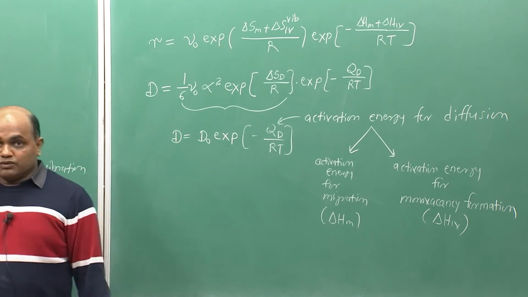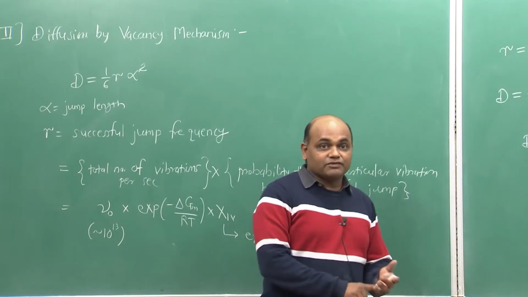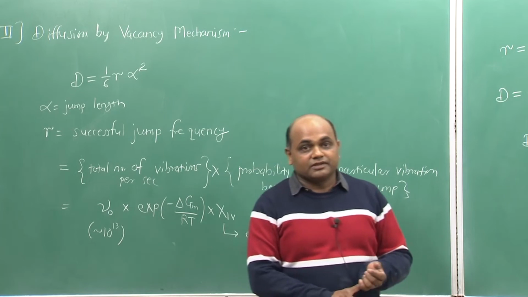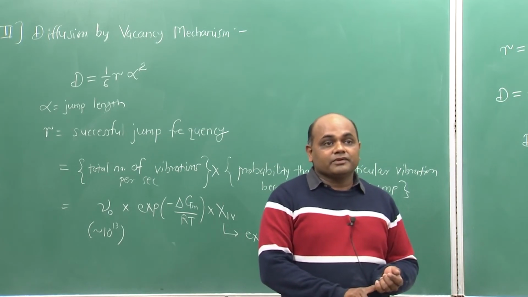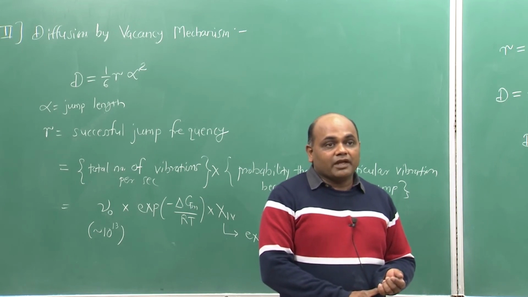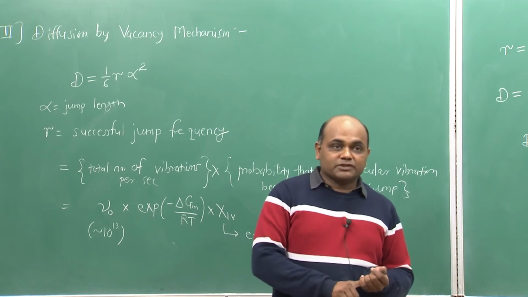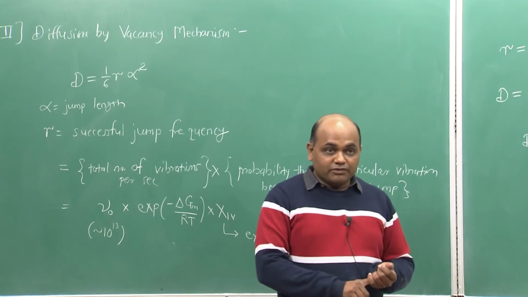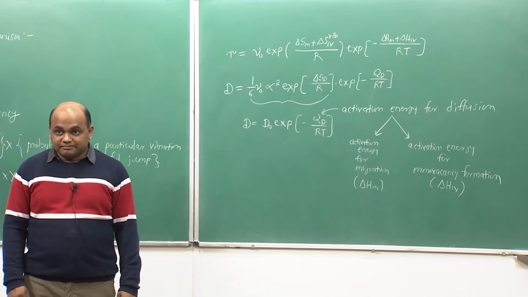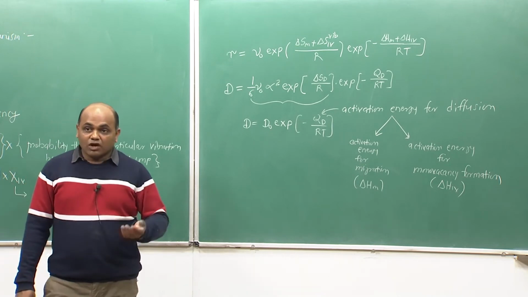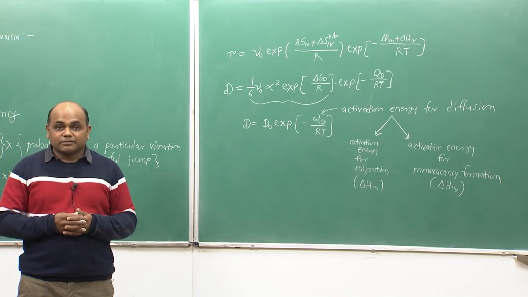The two types of diffusion that take place by this mechanism are self diffusion and substitutional diffusion. Self diffusion means diffusion of an atom in its own crystal, and the substitutional diffusion refers to diffusion of a solute atom by the vacancy mechanism. Typically, if the solute atom is large in size, it cannot occupy any interstitial position.